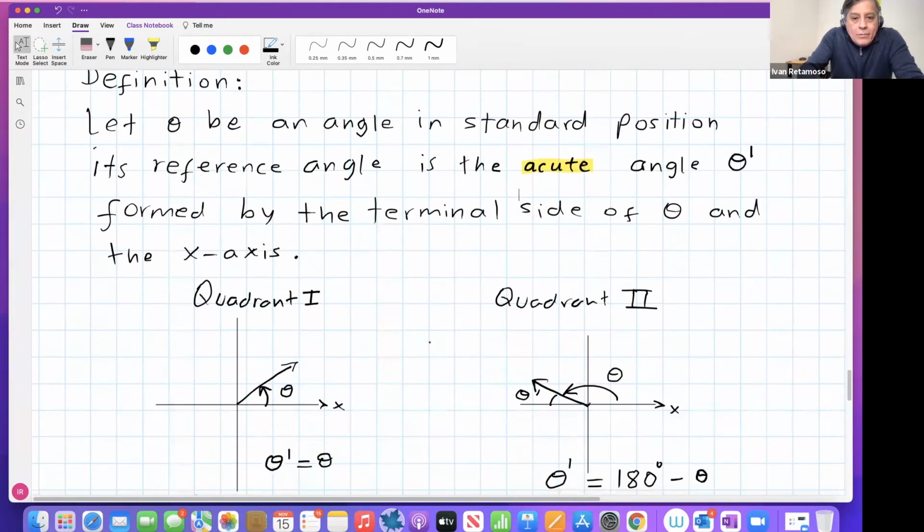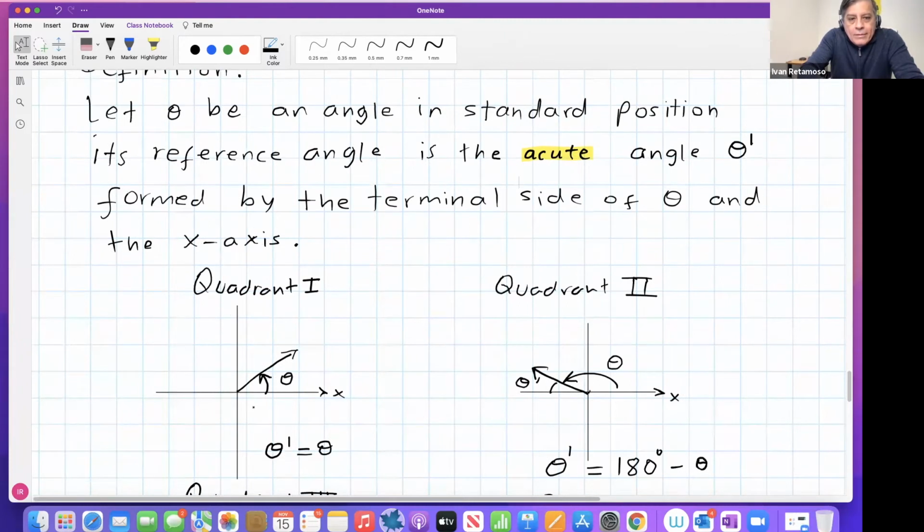Now, for each quadrant, there is a formula to compute this reference angle. For example, if they give you an angle in the first quadrant, then following the definition, the reference angle is the angle formed by the x-axis and the terminal side, which is this.